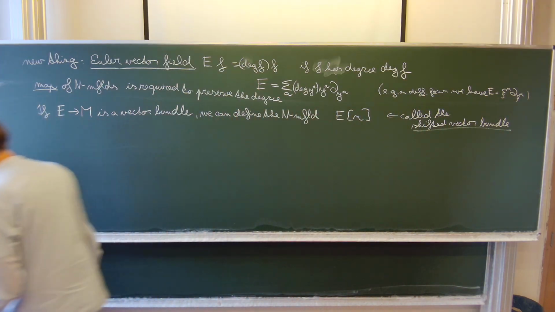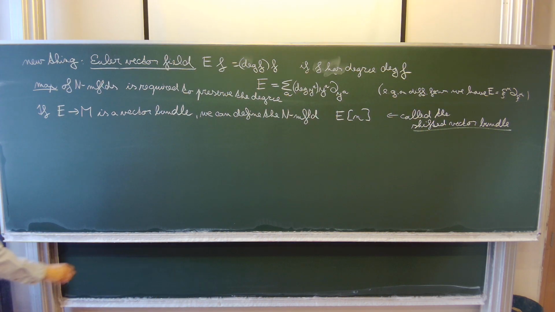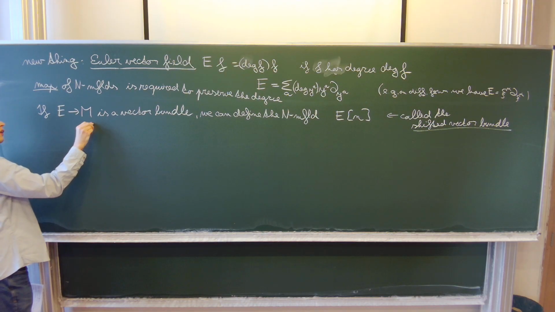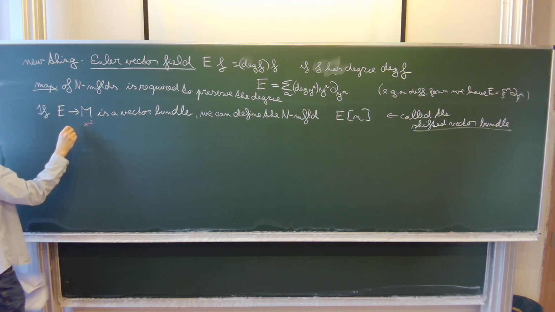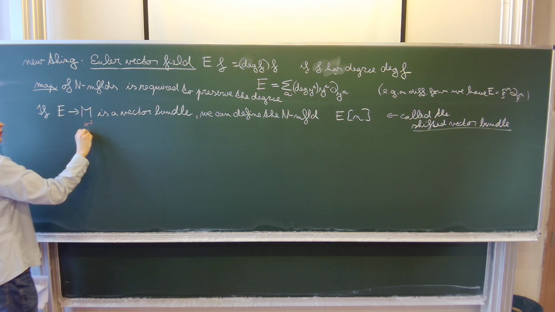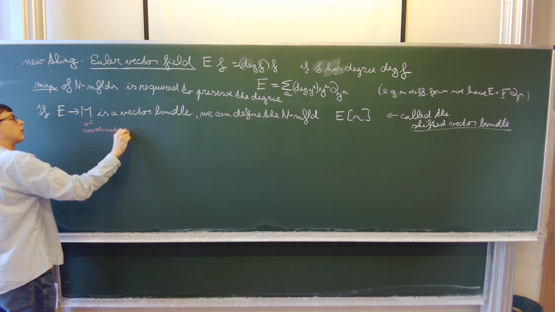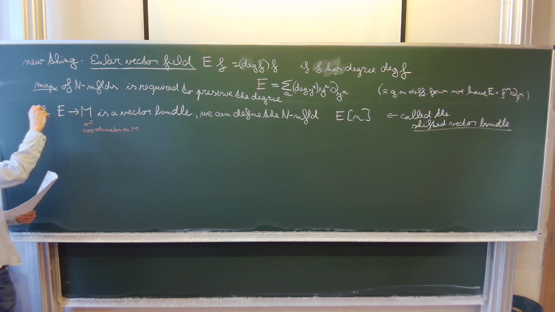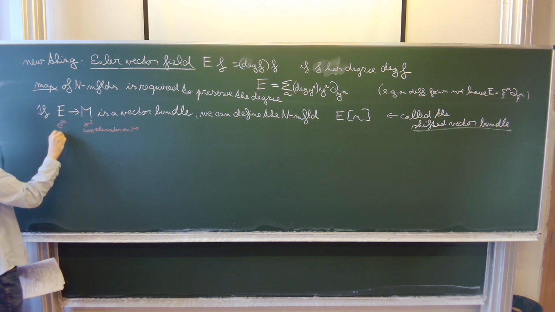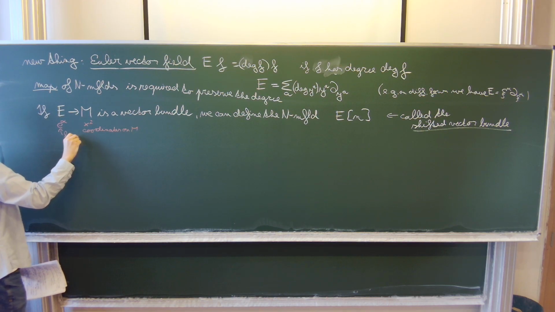And how is it defined? Suppose that here you had some coordinates of degree 0, these were coordinates on M. And suppose that we had t^alpha, which were linear coordinates on the fibers.